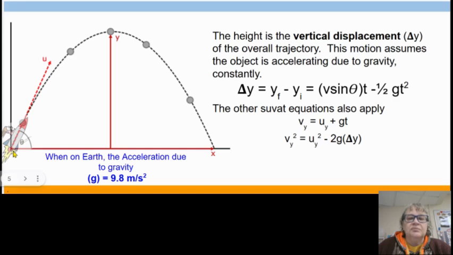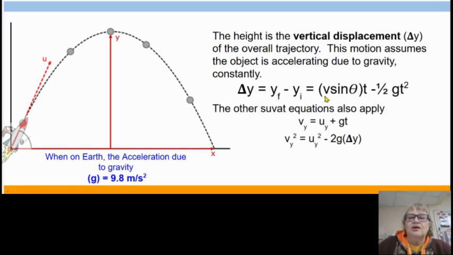In most of your problems, this is going to equal 0, because you're going to start at the ground and you're going to end at the ground. But now we have to put in that initial velocity component.